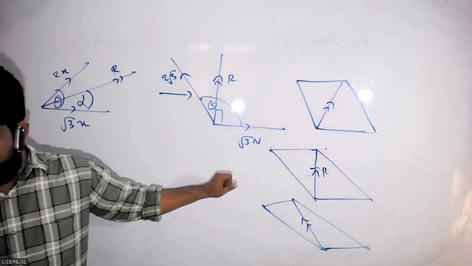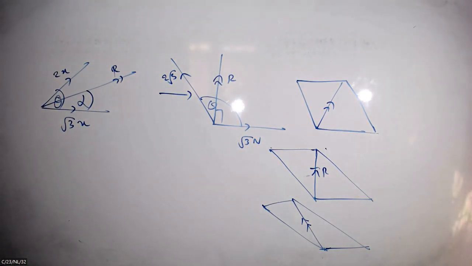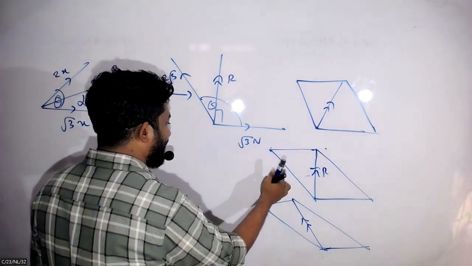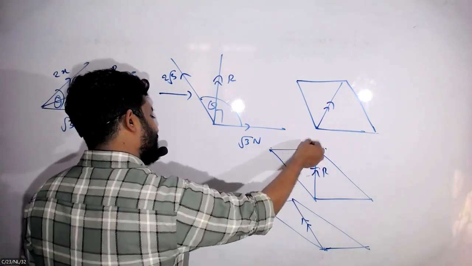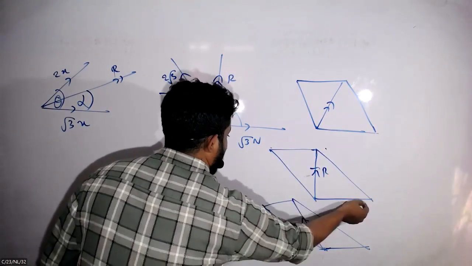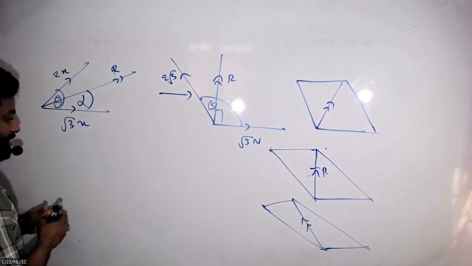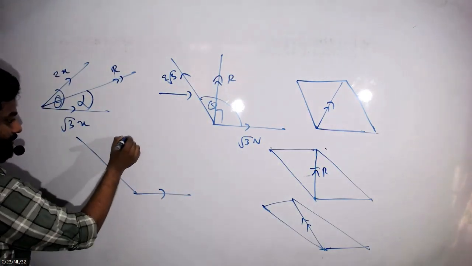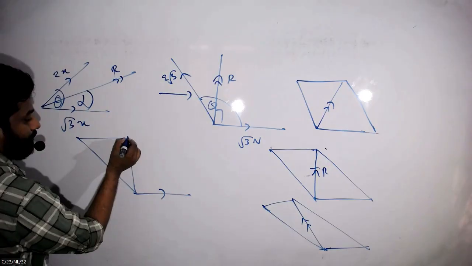According to this diagram, you should recognize that this is the shape of the parallelogram relevant to the given data. Why? In this diagram, the resultant is perpendicular to this horizontal vector, right? Then you can represent this data on the correct diagram. This one is the parallelogram.